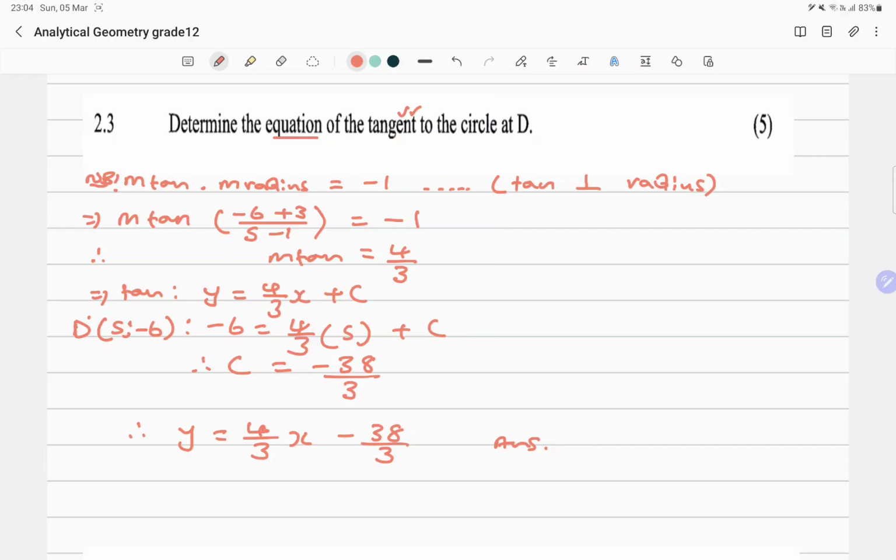And then of course doing the gradient of the radius, because it was not given, it is important to calculate it, and I can safely say getting the gradient is important. And then substituting into a particular formula is important. Getting the y-intercept is important, and then finding the final equation in the normal form. So that is how those 5 marks are arrived at. Okay, that's great.